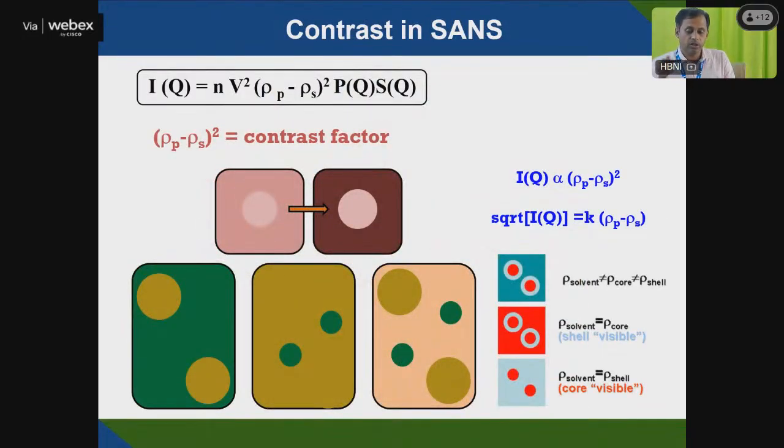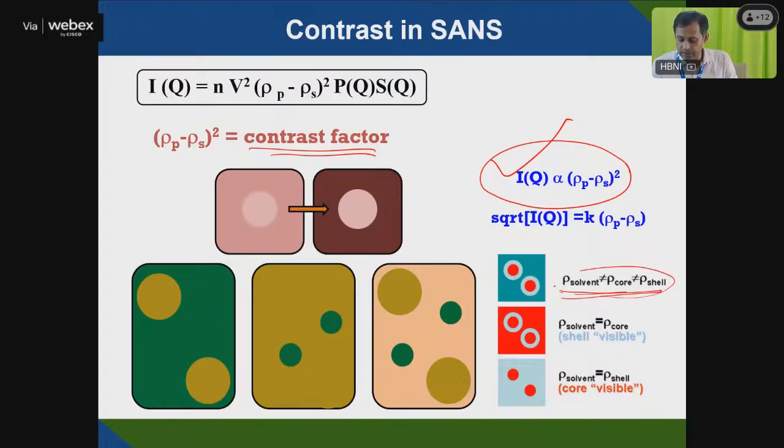So in SANS, the contrast factor is rho P minus rho S whole square. So I(Q) is mainly based on this equation. The I(Q) mainly depends upon this rho P minus rho S. Here you can see the core cell structure, where rho solvent, rho core and rho cell are all different.